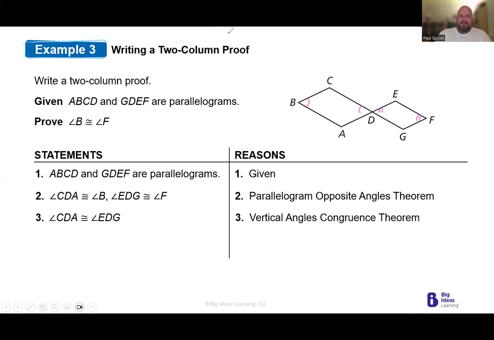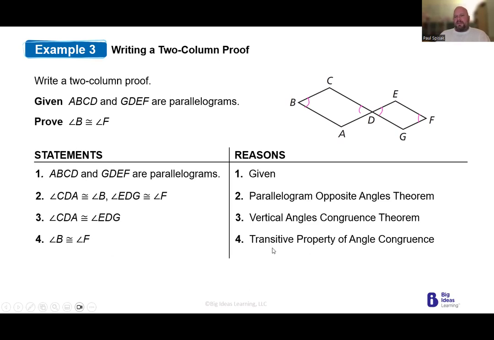So instead of using these, we can go ahead and change those out, because we know that these two are congruent. Therefore, we have the same symbols here. All four of those are now congruent.